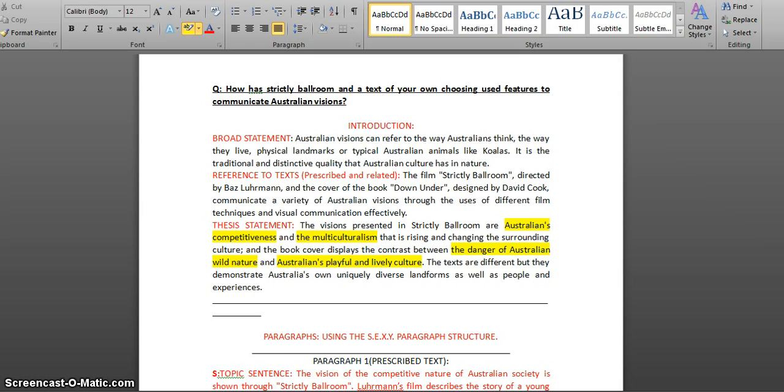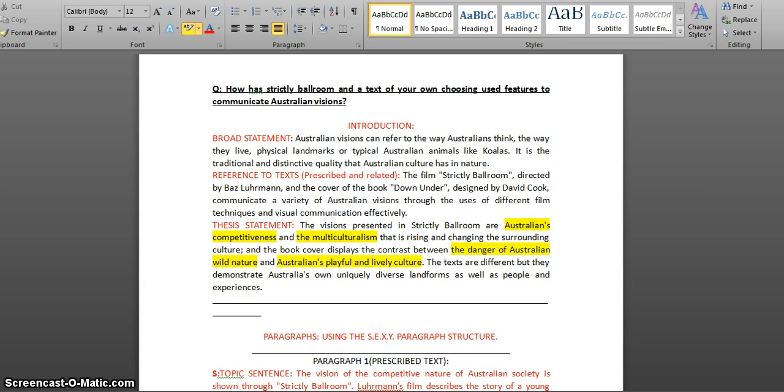It says Australian visions can refer to the way Australians think, the way they live, physical landmarks, or typical Australian animals like koalas. It is a traditional distinctive quality that Australian culture has in nature. Obviously this is very, very broad and very general, so after that, he needs to go down to the prescribed text and the related text.